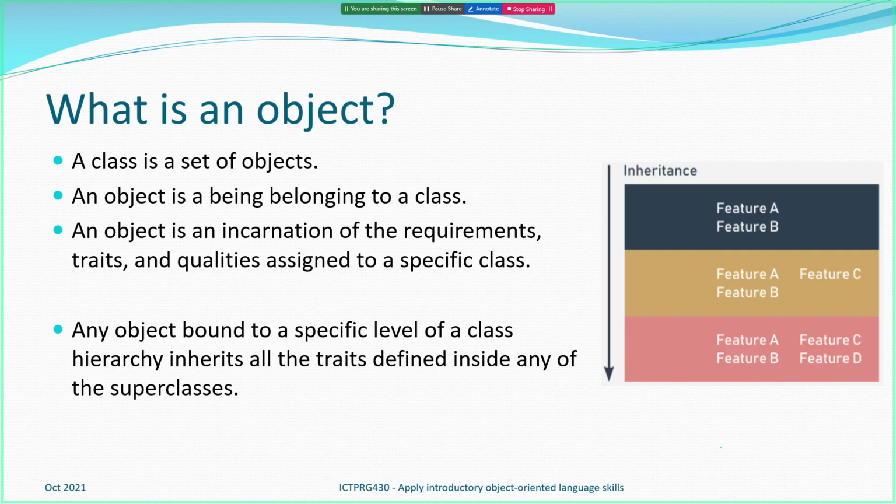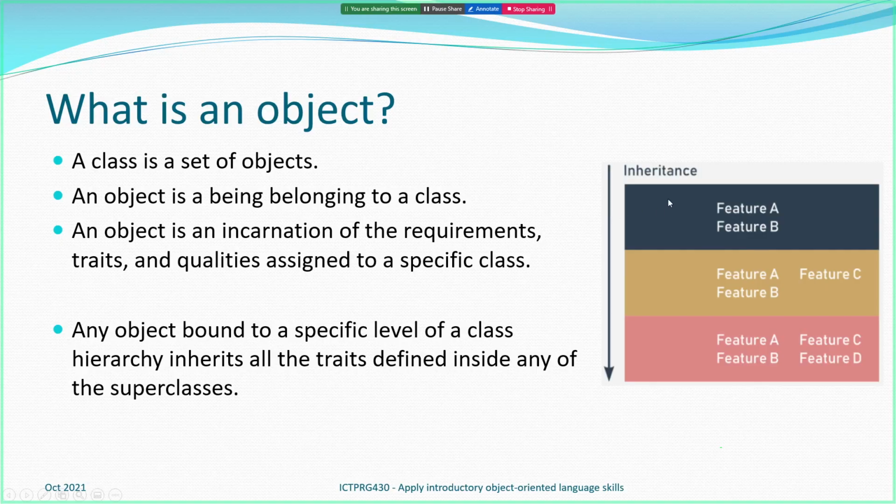So a class is a set of objects. Each object must belong to a class. And when we create these objects from our classes, we inherit the attributes from that class. When you come down, like we had vehicles, and then we had land, and then we had specific types, wheeled and tracked.